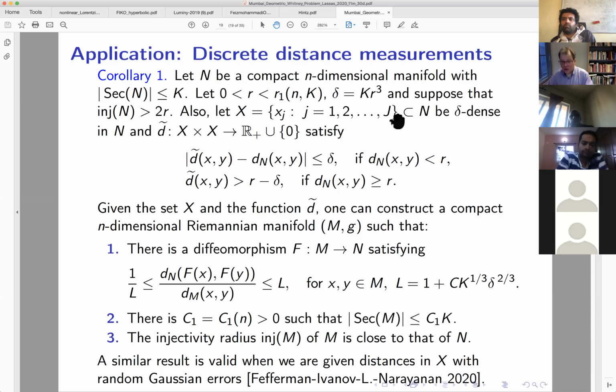So this is possible when we have a manifold, we take lots of sample points and measure the distances, even if the errors in the distances are large, as long as they have a known distribution. Then we can do averaging to produce the corrected distances in a slightly smaller sample set. I see. So it's this averaging trick that you spoke about, and then using this result. That's what we have to do, yeah. Okay.